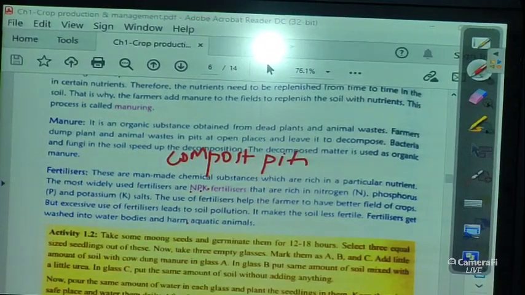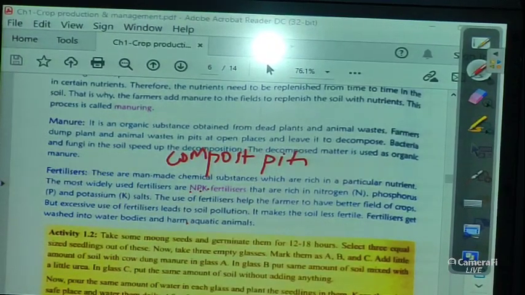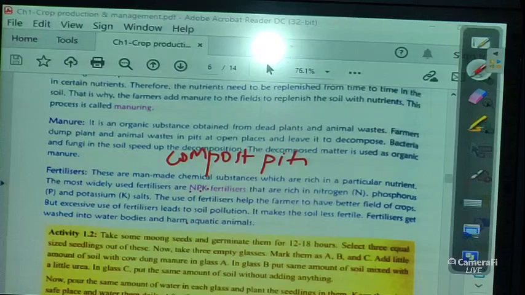And what happens? The animals of that river or pond, the aquatic animals, get affected. So fertilizer is good, but if we use it in excess, it is very harmful for everyone.